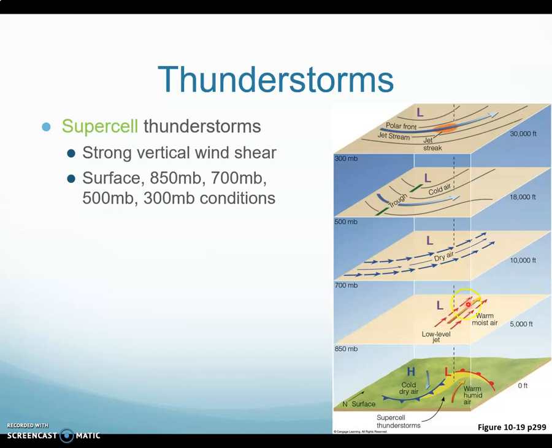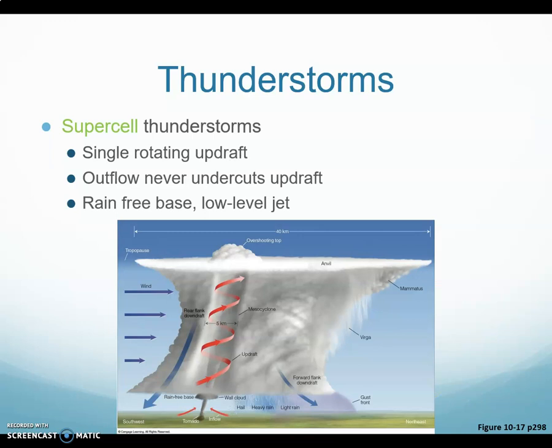But then because of the instability, it rotates it, so now it's a vertically rotating column of air that's moving upwards. So here it's a horizontal column of air, but then the instability turns it into a vertically oriented column of rotating air, which then looks like this inside of the thunderstorm.